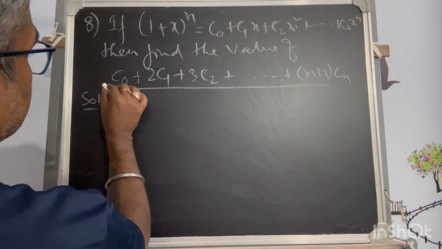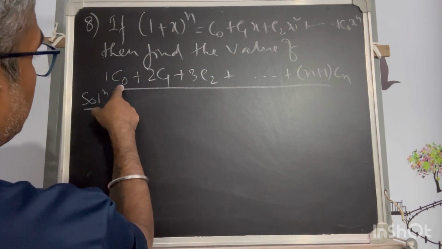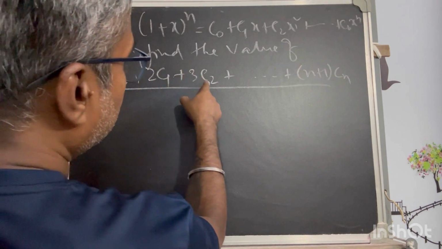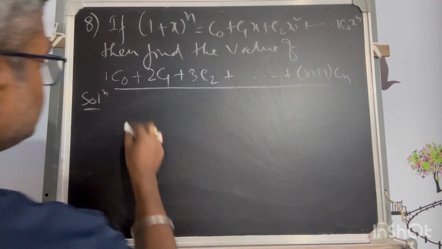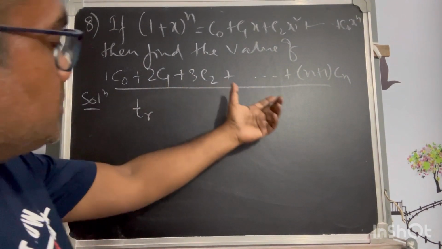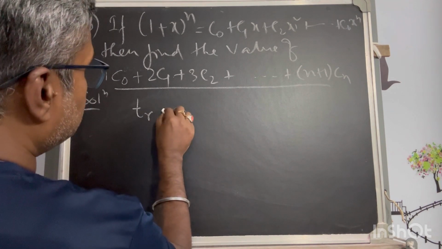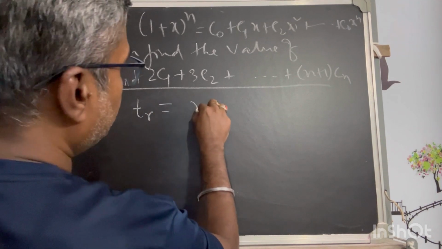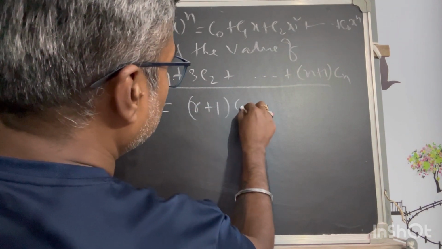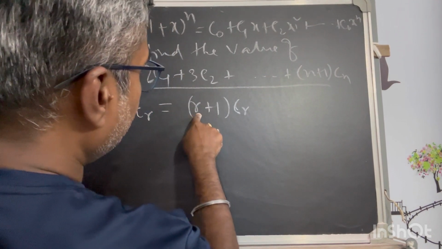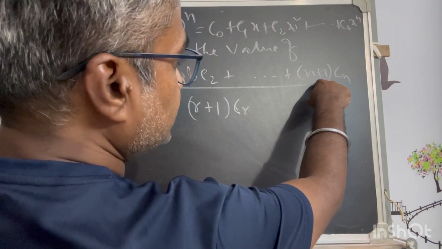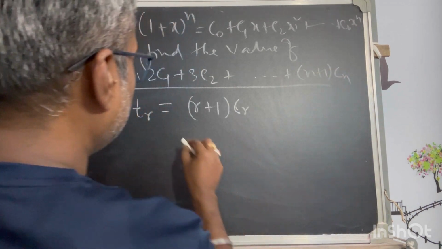So the pattern is here 1 and here 1 minus 1. If it is 2, 2 minus 1. If it is 3, 3 minus 1, and like that it is going. Let's say I am assuming some common term in the series is Tr, and that can be written as (r plus 1) times Cr, because if it is r plus 1, here 1 is reducing, the same as n plus 1 is equal to Cn.